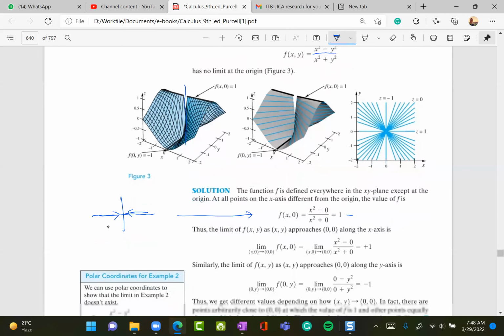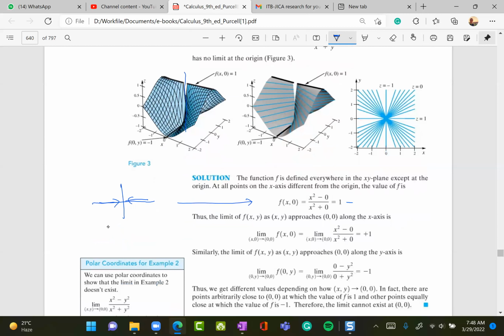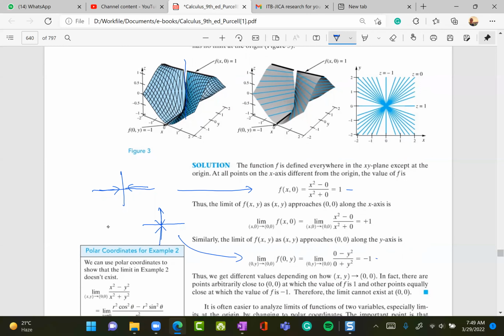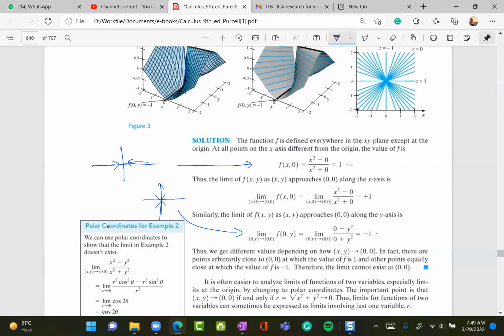But the second one is from above or from below. So x equals 0, along the y-axis. Sorry, this should be this one. It's -1. So we say this doesn't have a limit.